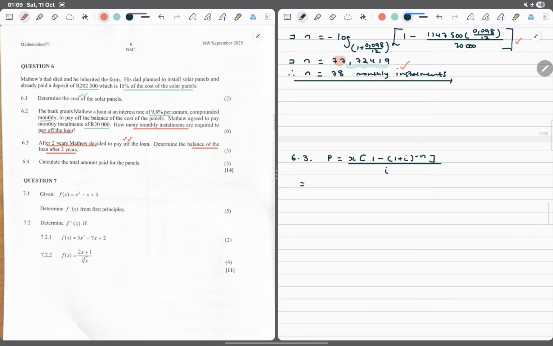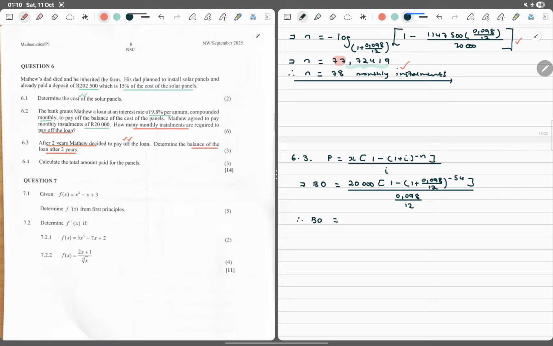This implies that the balance outstanding here is going to be 20,000 into 1 minus 1 plus 0,098 over 12, all to the exponent minus 54, the remaining payments. Okay, so this is divided by 0,098 over 12.